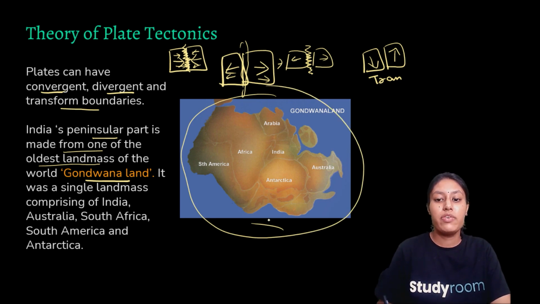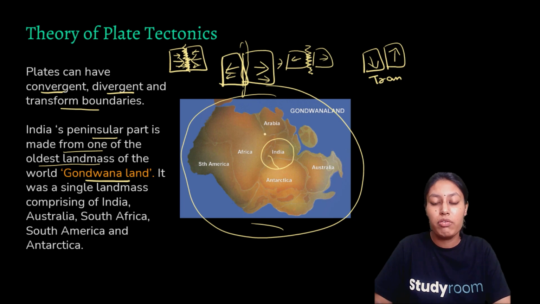The oldest land of India, which is Gondwana land, was at one point part together. Later on, due to tectonic movements and movement of the plates, all the countries got separated.